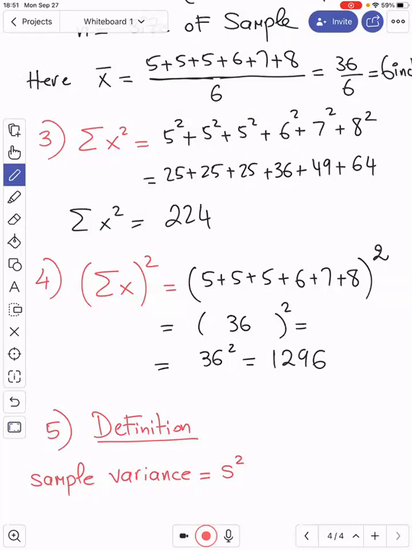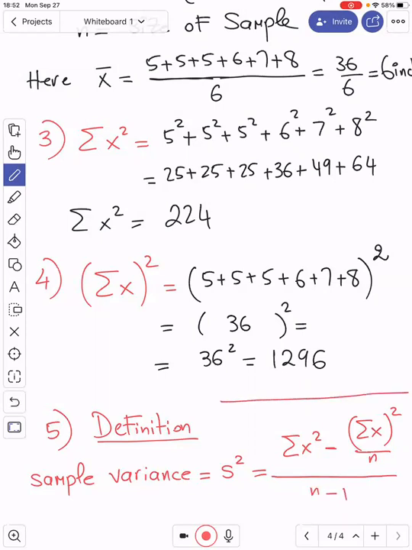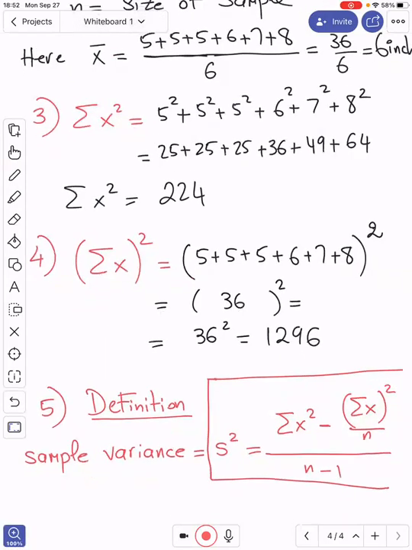So the sample variance S squared is equal to the sum of x squared minus the sum of x, squared, divided by n, and the whole thing divided by n minus 1. This is the formula for the sample variance.